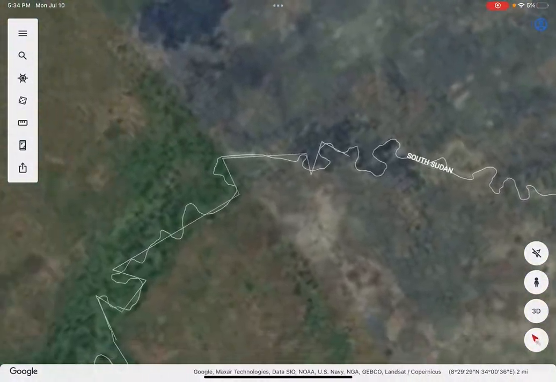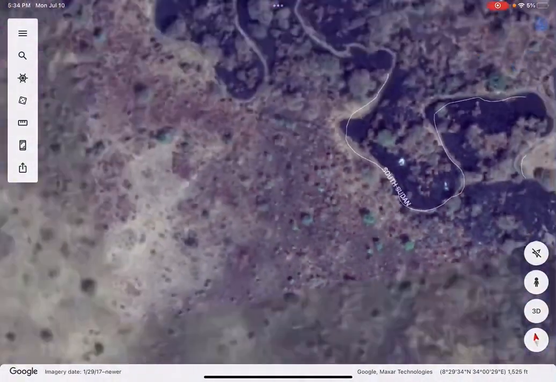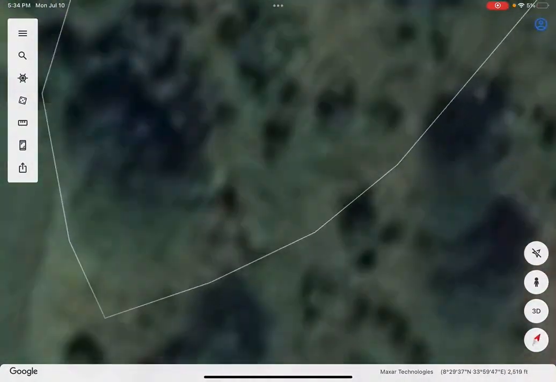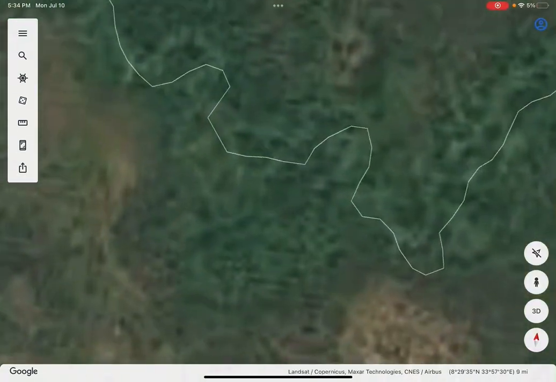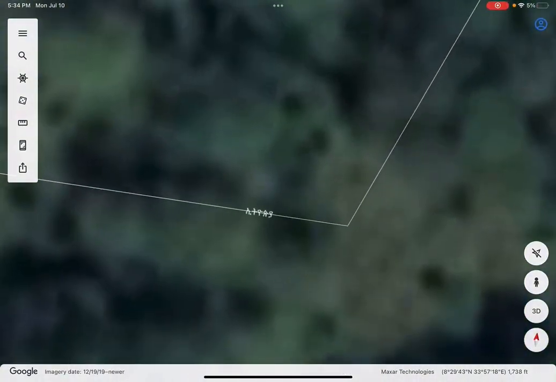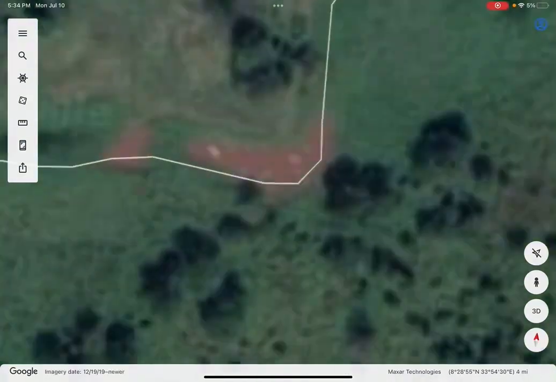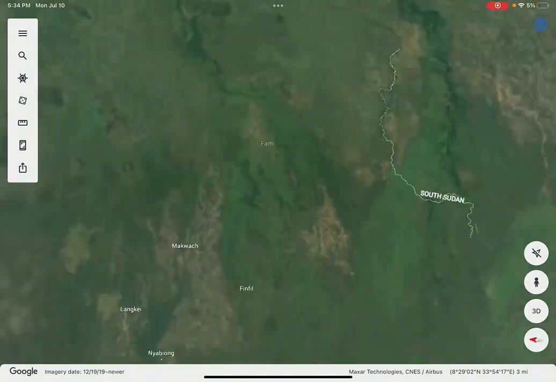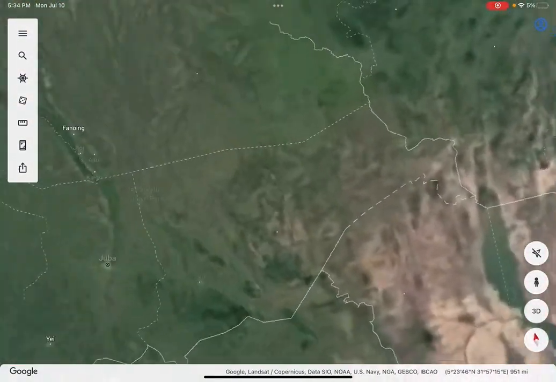A lot of countries have rivers separating each other, like Eritrea and Ethiopia, Eritrea and Djibouti, Ethiopia and Sudan. The wiggly lines are the rivers. And South Sudan also should have a river too.